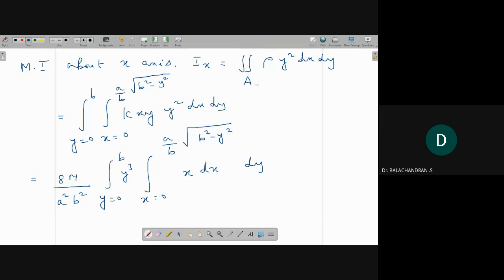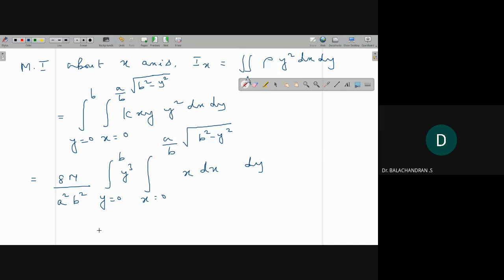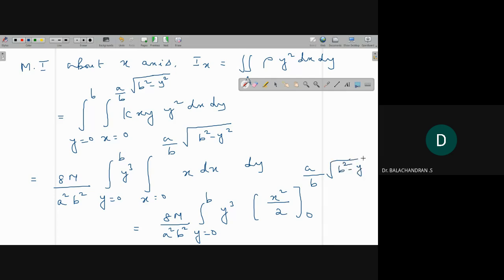First integrate with respect to x. So if you integrate with respect to x, you will get 8m by a square b square, integration y equal to 0 to b, y cube x square by 2, limit is from 0 to a by b root of b square minus y square, into dy.